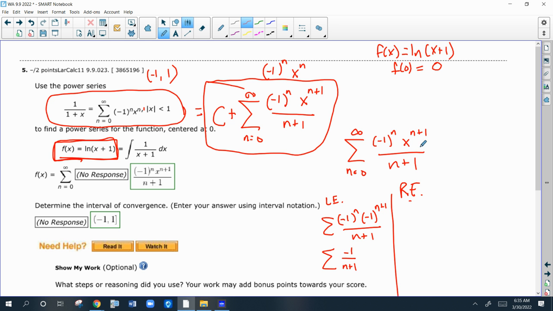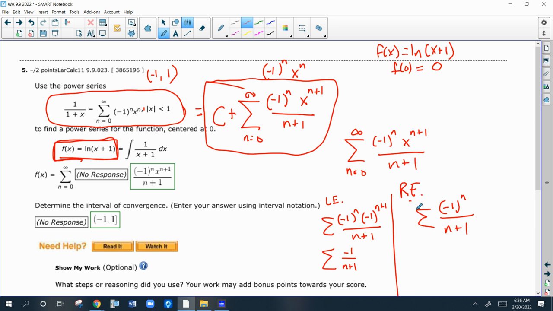For the right endpoint, we're going to plug in 1. So x to the n plus 1 is 1. Now this is an alternating series, and by the alternating series test, the limit of a sub n goes to 0, and a sub n plus 1 is always less than a sub n.